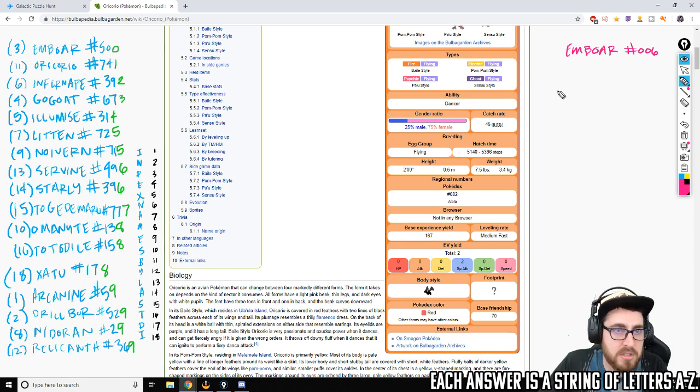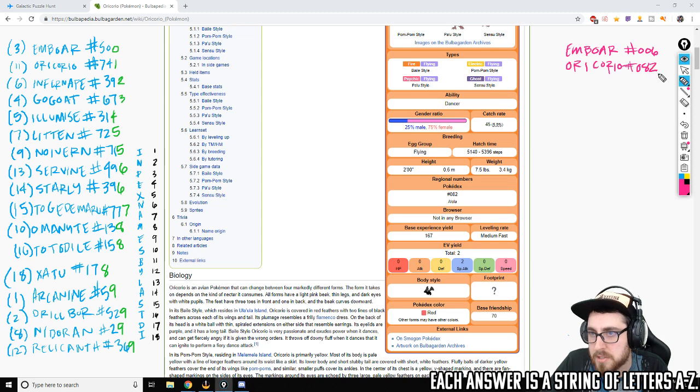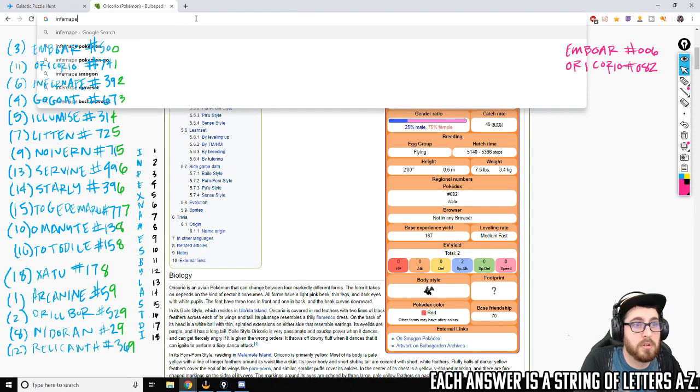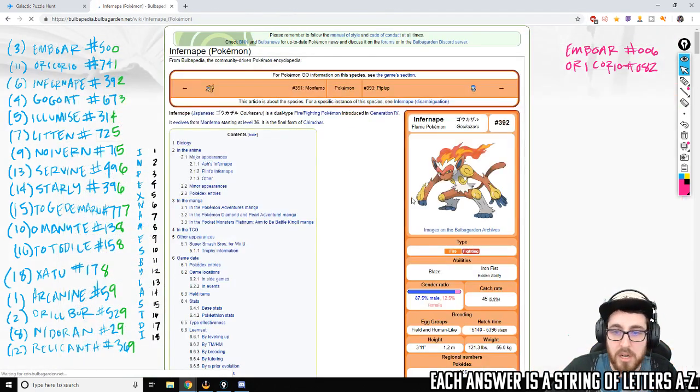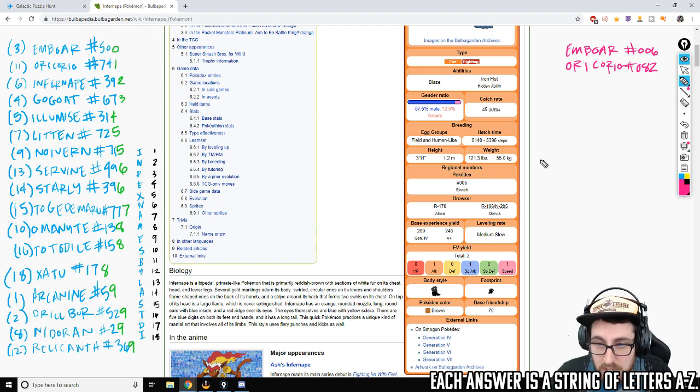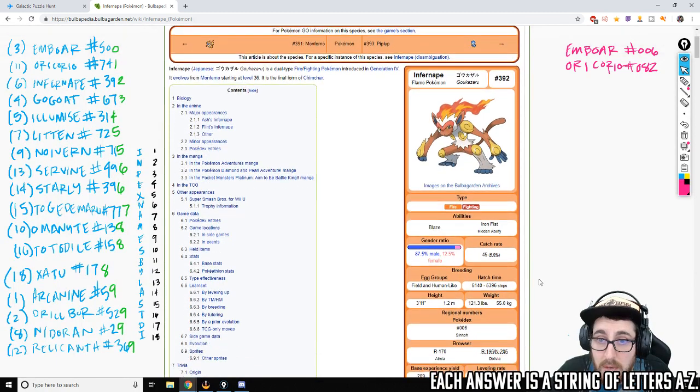Oricorio is number 082. Infernape is 6. The region may matter too. Plus some Pokemon have multiple regions. It could. Do I actually know? Hold on. D and I. Does DI come up anywhere for any of this?